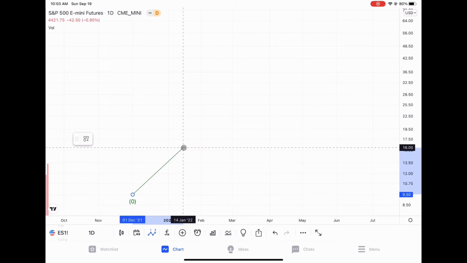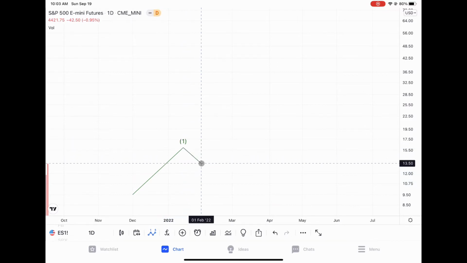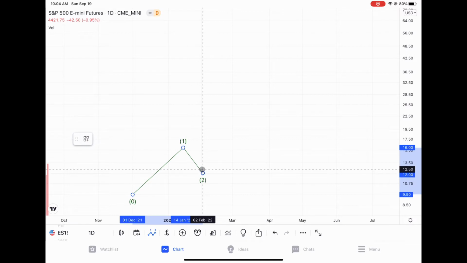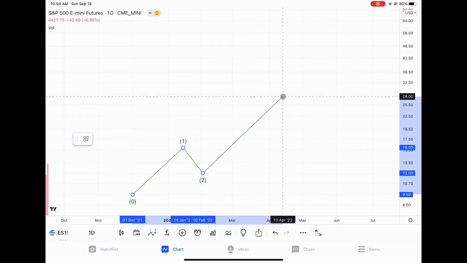It's called wave theory, and in wave theory, there's 5 specific structures. There's a wave 1 with the initial trend, and after the trend is done, it'll correct for wave 2. And the stock will move to the next wave at 3.